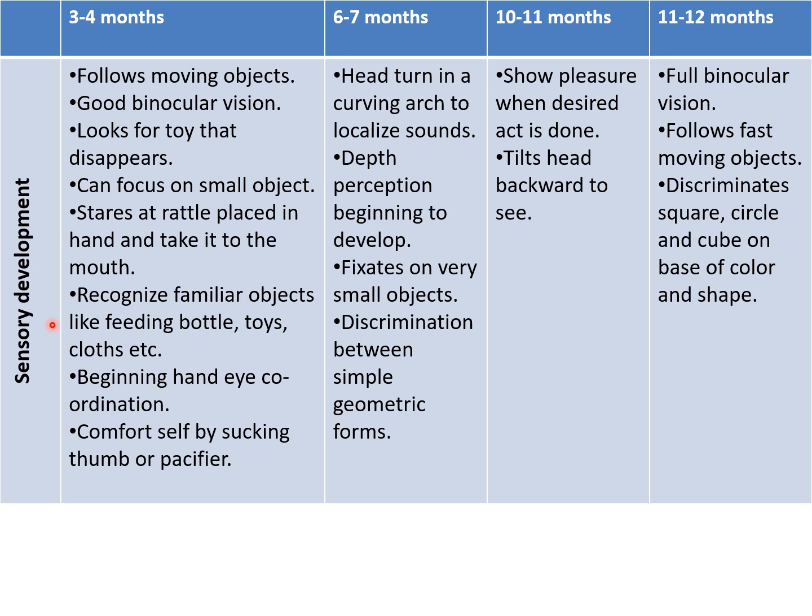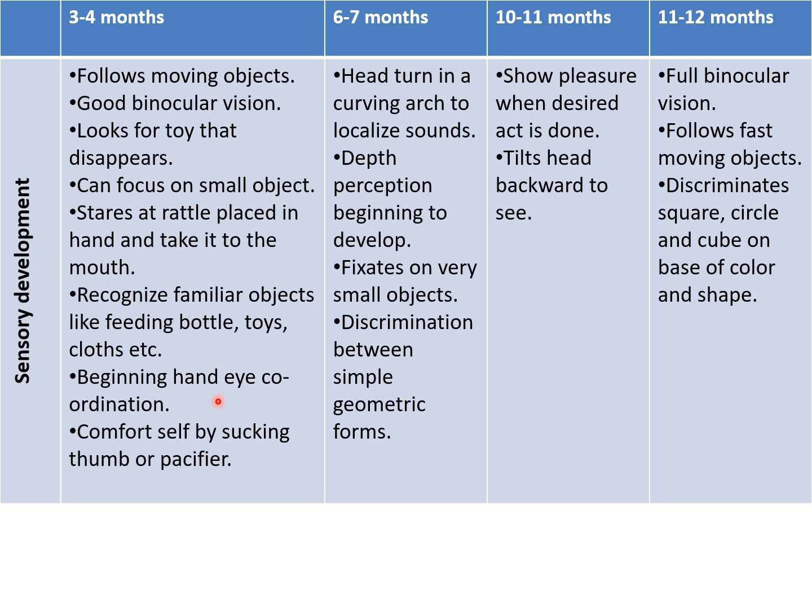Recognizes familiar objects like feeding bottle, toys, clothes, etc. So they are able to recognize the things which are familiar to them. Beginning hand-eye coordination. Everything which we give to the child's hand, they will be taking to the mouth. And also there is good hand-eye coordination. Hand-eye coordination in the sense they can see and they will be showing their hands to reach it.